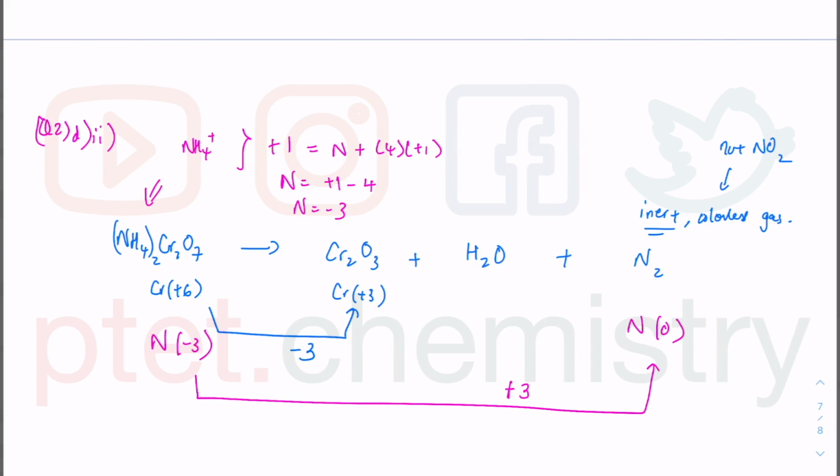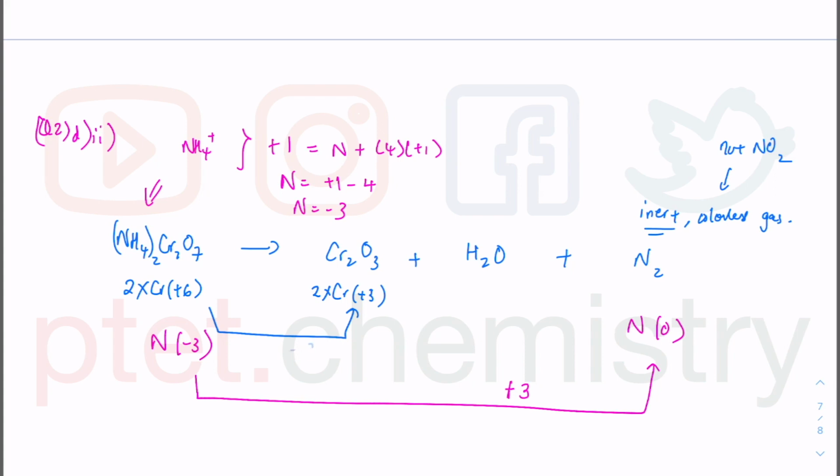Changes in oxidation number must be balanced. However, be careful, that is for 1 chromium. I have 2 chromium there, which means I have 2 times +6, and I have 2 times +3.